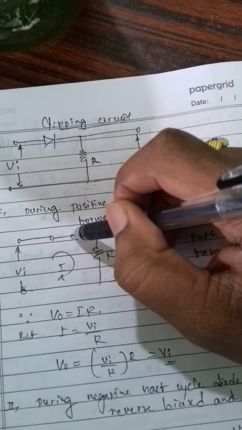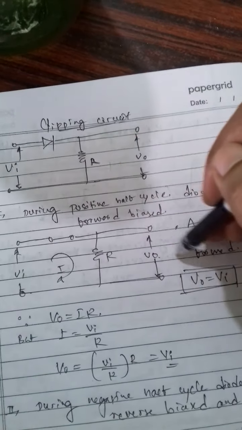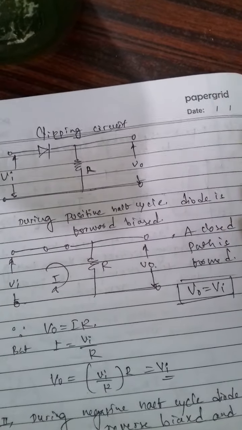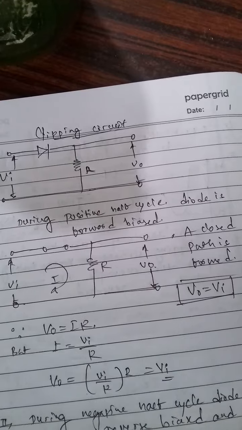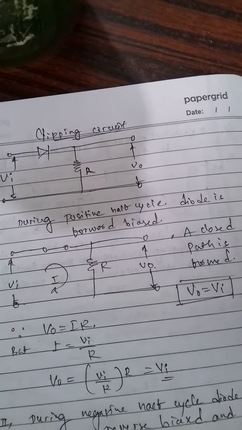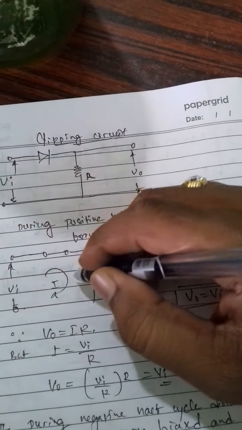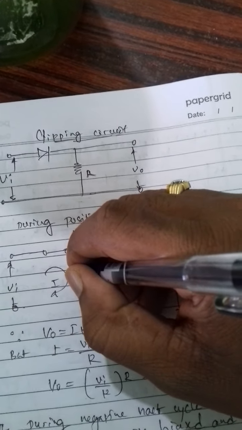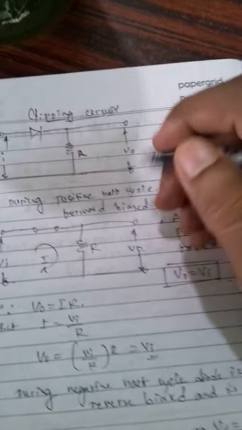Okay, now we have to apply KVL, because this forms a closed loop. We have to apply KVL to this circuit.